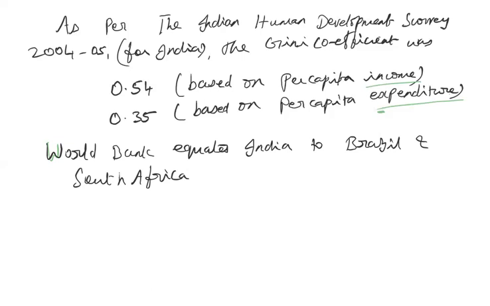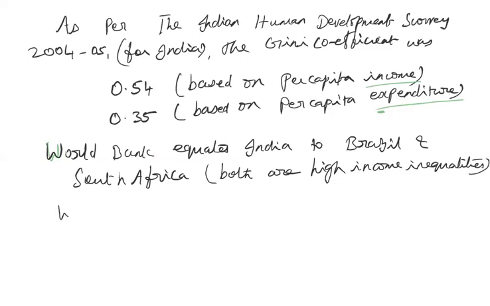Okay, those two countries have the maximum possible income inequalities, and the World Bank has equated India to Brazil and South Africa. That is, both countries are having high income inequalities. So as per the World Bank's report, we are also falling under that category.